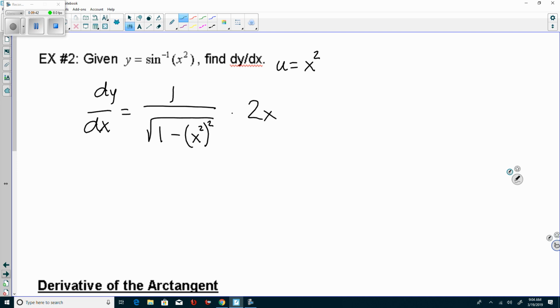And that's your u prime, because remember, u prime is your derivative, or your du dx, derivative of u with respect to x. And then you would make it 2x all over the square root of 1 minus x to the fourth would be the derivative.